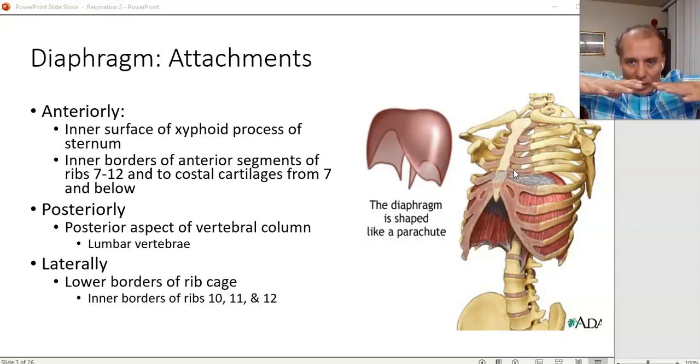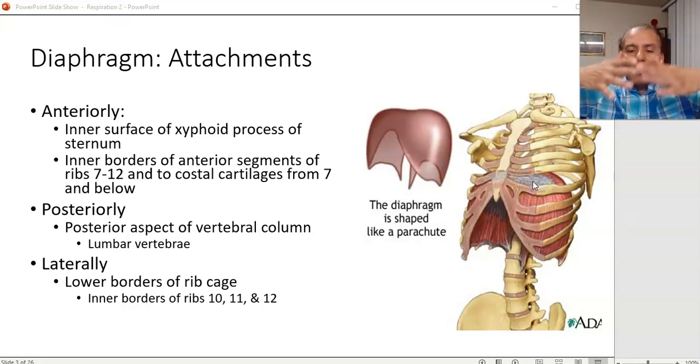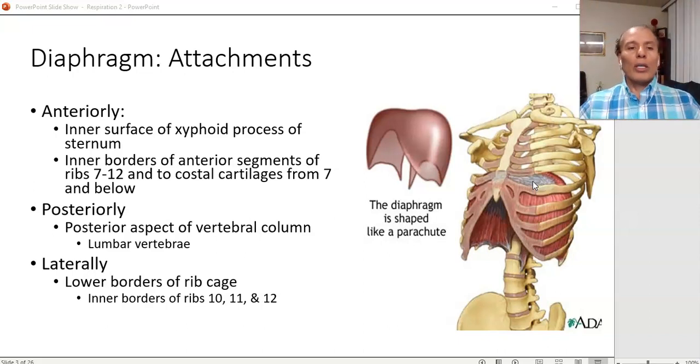As soon as the edges are pulled, immediately the diaphragm itself is going to resist, and as a result, it's going to contract, and it pulls against the central tendon, and as a result, it starts to descend and flatten. So that creates the vertical expansion that allows the lungs to have a greater volume.